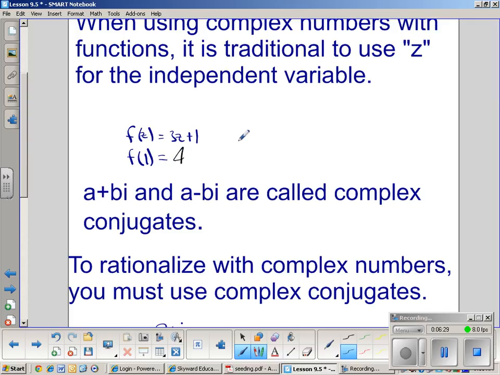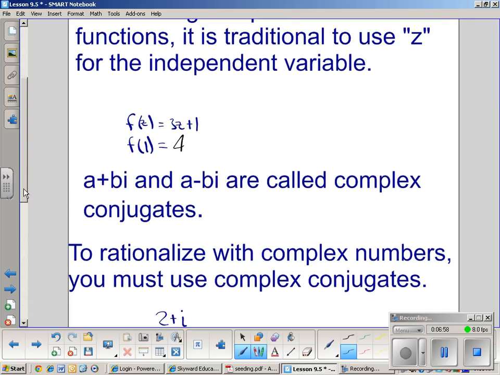What's the next term going to be then? 13? No, 3 times 4 plus 1 is 13. The output of this one becomes the input of the next one. Then you plug 13 in for z and just keep going. Yeah, that'd be the iteration.